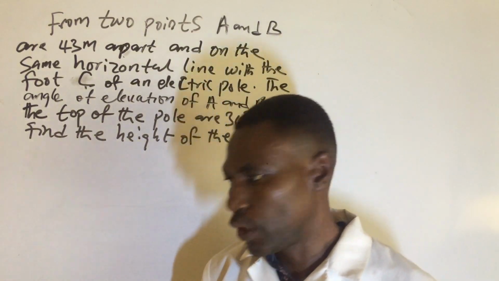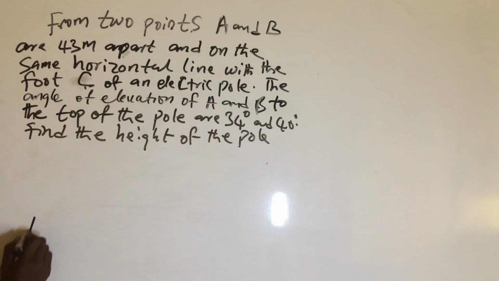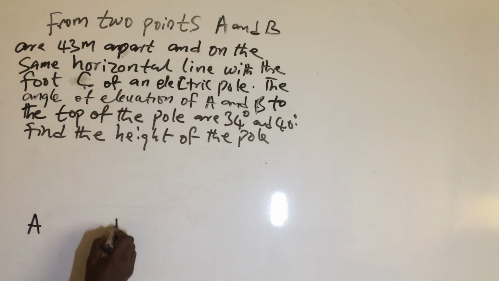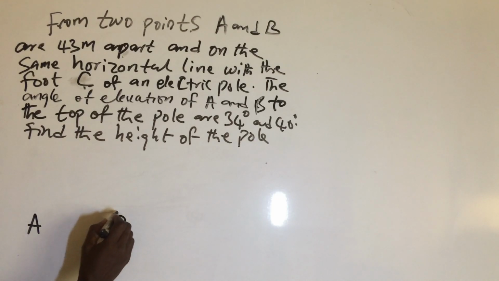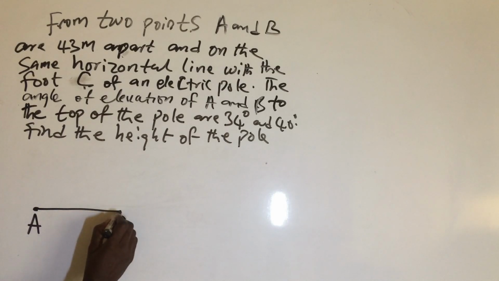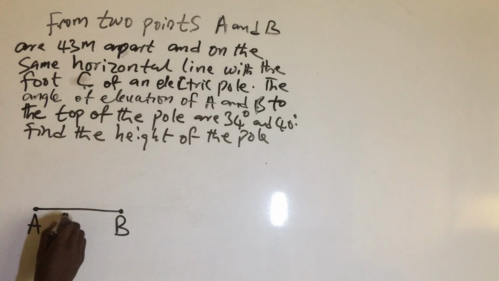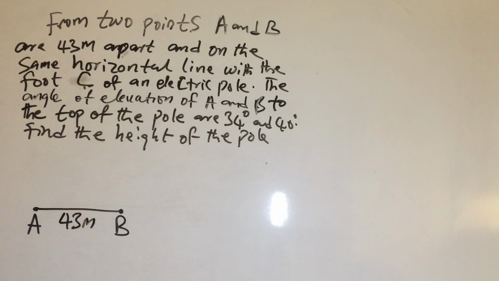Without wasting much time, let's solve it. Now, the question says that we have 2 points, which are A and B. So let's say the 2 points are this, okay? And the distance is 43 meters.